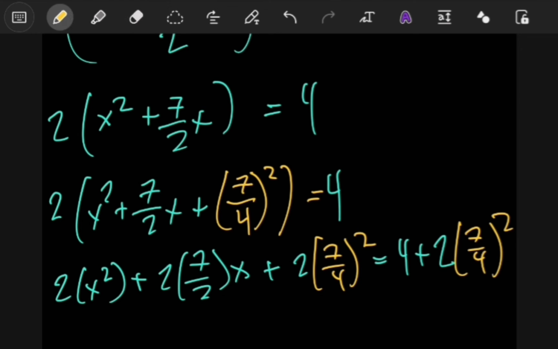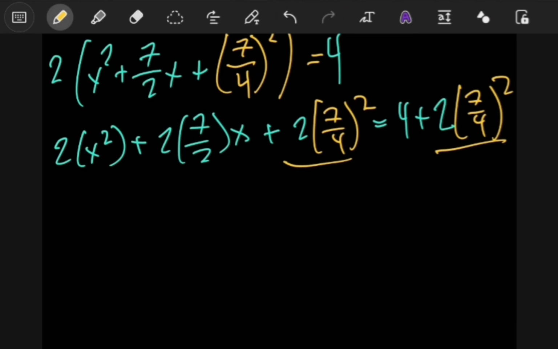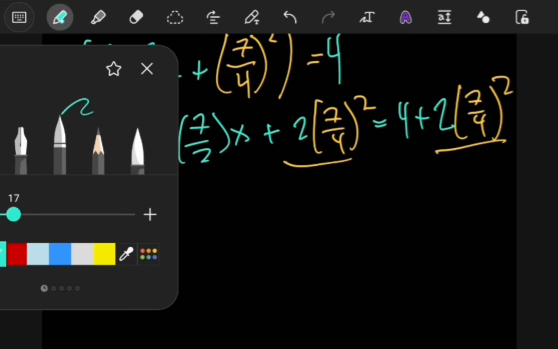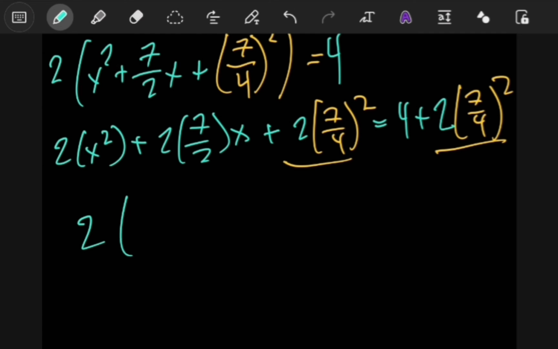So notice that there's a 2 there, because if you don't include the 2, then the equation will not be equal. So that's why there's a 2. So I guess you understand. So next, we can just factor it out. What is the square root of x squared? That is x. What is the square root of 7 fourths squared?